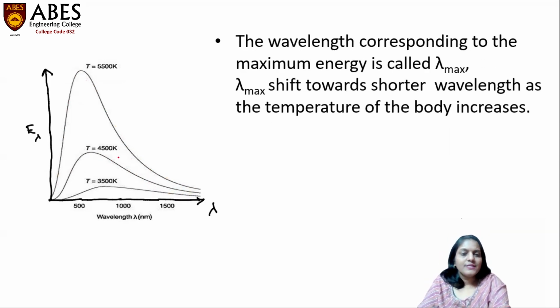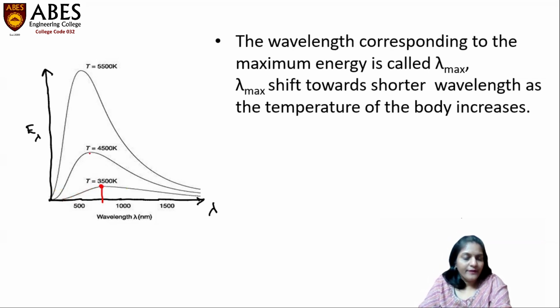Another observation is that the wavelength corresponding to the maximum energy is called lambda max. If the temperature is 3500 Kelvin, the maximum energy emitted by the black body is this, and the corresponding wavelength is called lambda max.